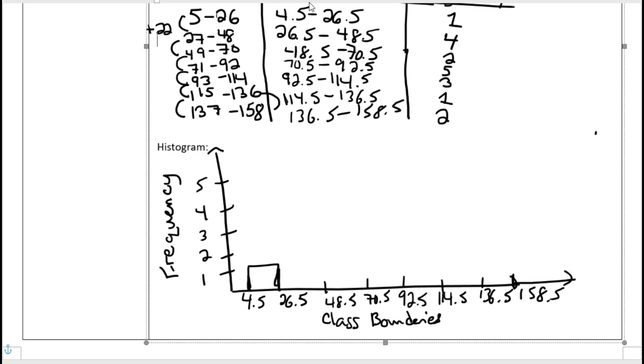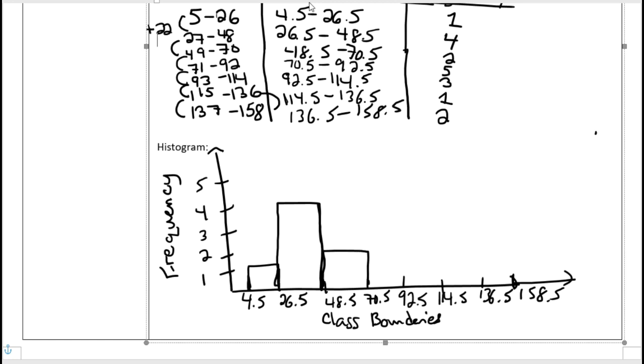So the next one is 26.5 to 48.5. That's at 4. Okay, this has to be right there. It has to touch. All right, and then 48.5 to 70.5, we have 2.